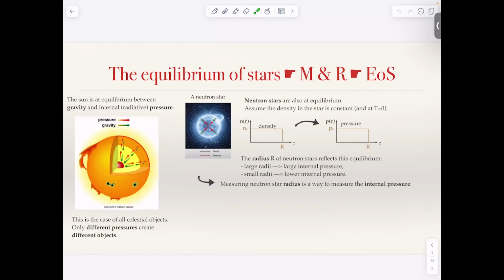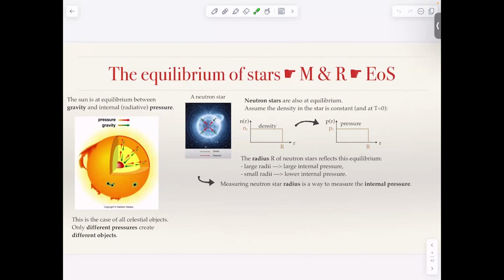So in a way, the measurement of the radius of a neutron star gives information about the pressure. If you have a larger pressure in a neutron star, it means that in order to compensate the gravity, you can go to larger radii.